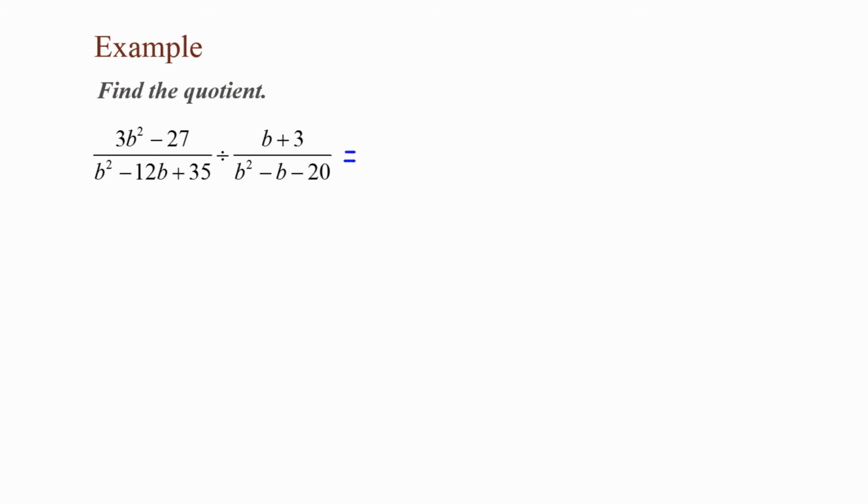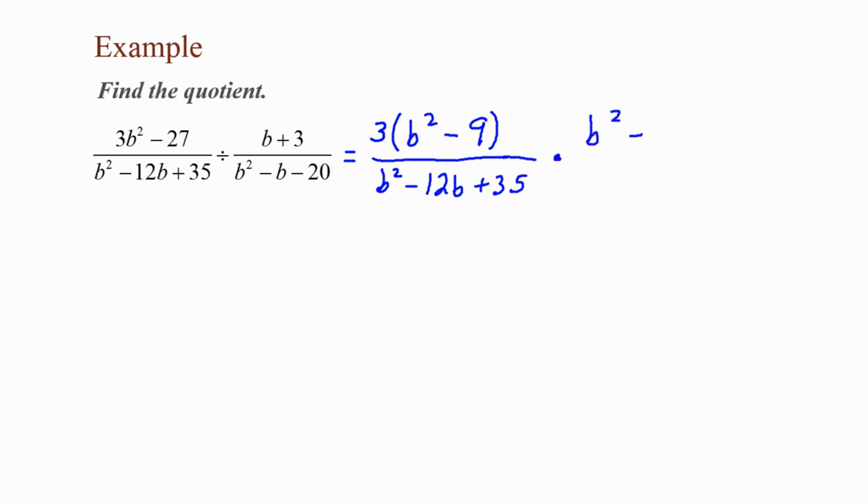If you're comfortable changing this to multiplication and factoring at the same time, you can do it in one step. 3b squared minus 27, I can factor out a 3, which gives me b squared minus 9, divided by, I'm going to bring over my b squared minus 12b plus 35, and that's times b squared minus b minus 20 divided by b plus 3.